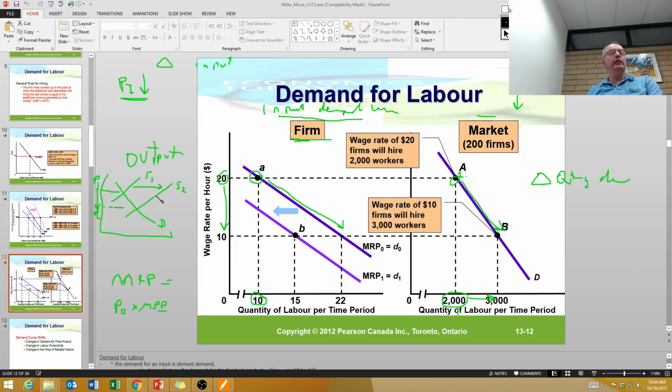And then when the supply curve for the industry shifts out and the price of the output declines, and that reduces the marginal revenue product for each individual firm, then we have a change in demand for the input by each firm. And so the demand curve for each firm shifts left. And so the ultimate change in quantity for the individual firm, yes, it increases, but not as much as we originally anticipated, because we had the second stage impact.